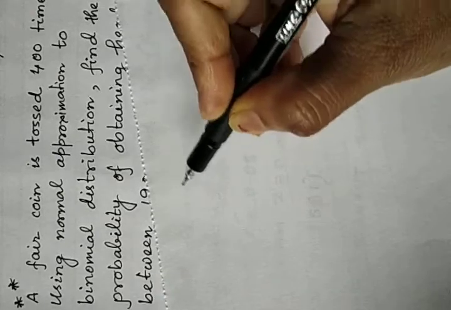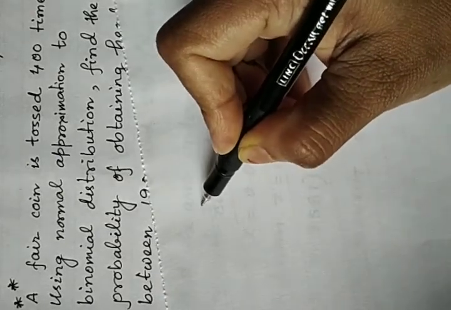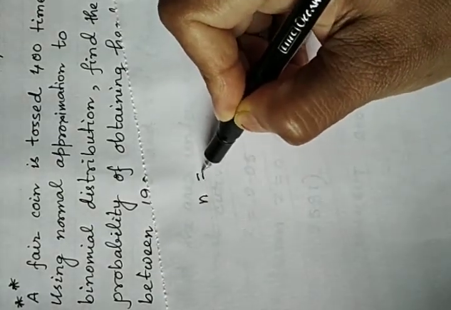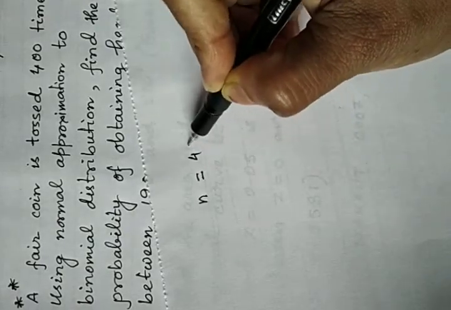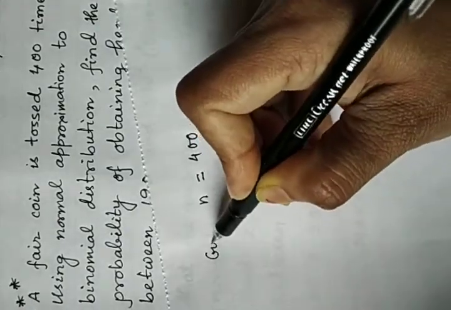It is given that the fair coin is tossed 400 times, so n equals 400.